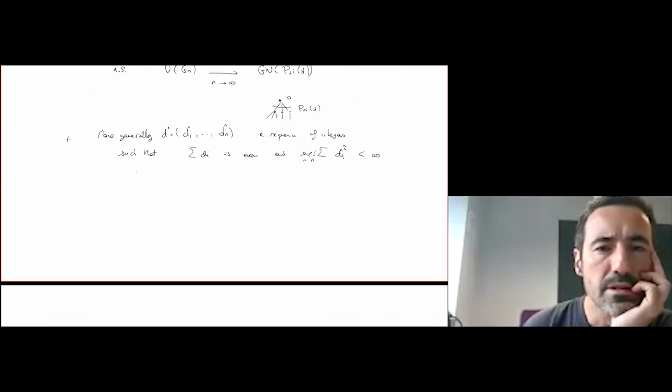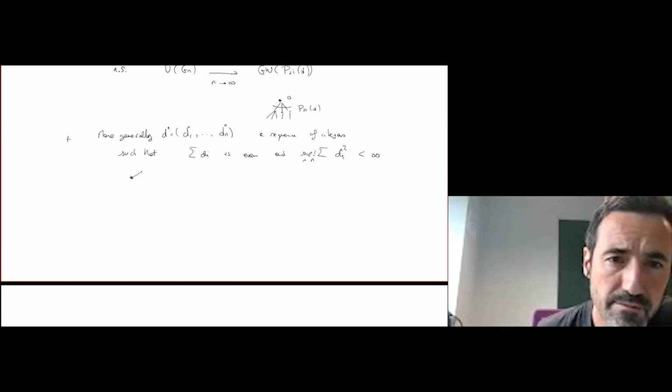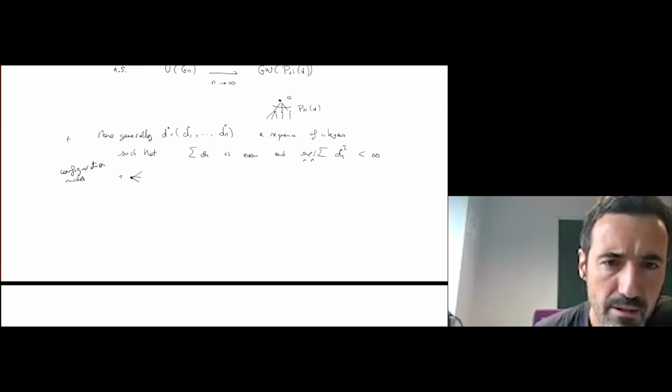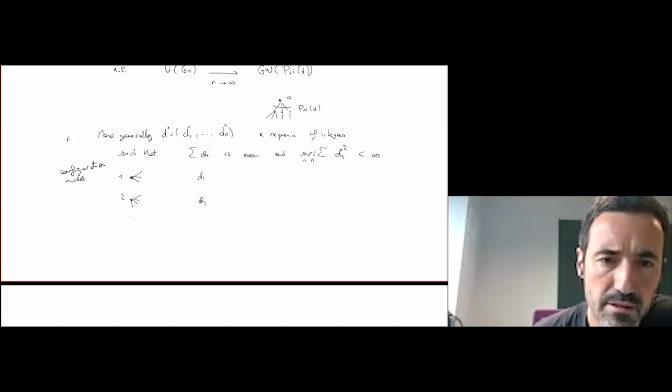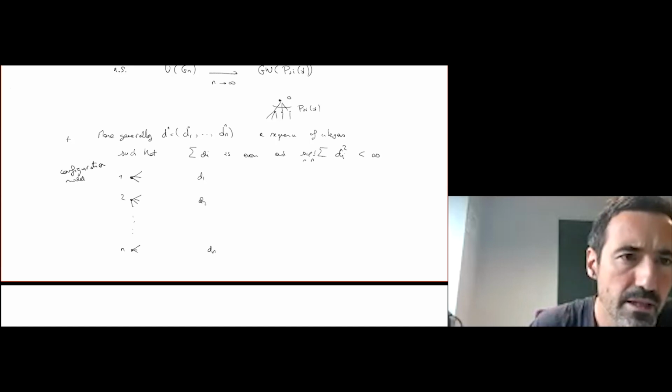Then you can define a multigraph, which is called the configuration model, an important family of random graphs, where you associate to vertex 1 d_1 half-edges, to vertex 2 d_2 half-edges, and to vertex n d_n half-edges.